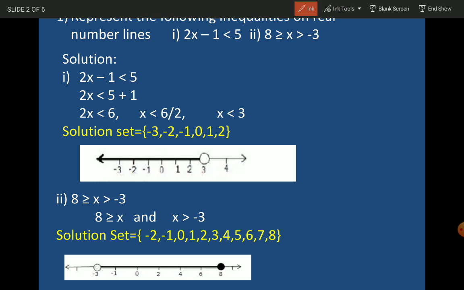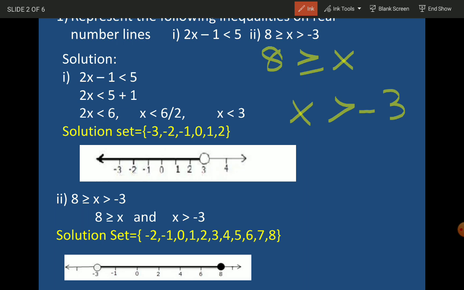Okay, in the second sum they have given 8 greater than or equal to x greater than minus 3. Here two symbols are there, greater than or equal to, and greater than. So we are splitting into two: 8 greater than or equal to x as one part, and x greater than minus 3. For this we write the solution set.